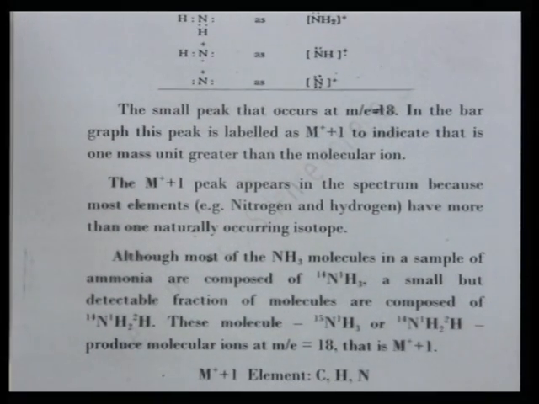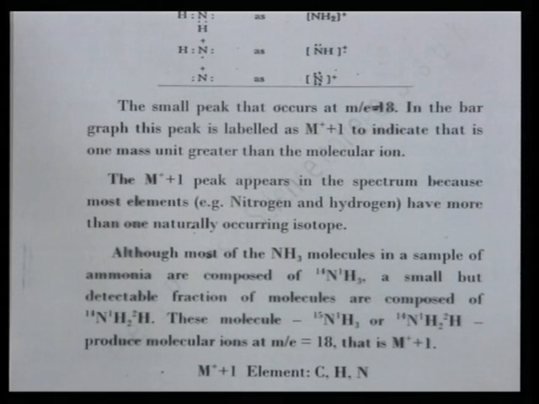Although most of the ammonia molecules in a sample are composed of nitrogen 14 and hydrogen 1, the natural isotope of hydrogen, a small but detectable fraction of molecules are composed of nitrogen 14, one hydrogen and two deuterium atoms. These are isotopic molecules, such as nitrogen 15 with 3 H1, or nitrogen 14 with hydrogen of atomic mass 1 and one hydrogen being deuterium. They produce a molecular ion at m/z 18, that is the M plus 1 peak.